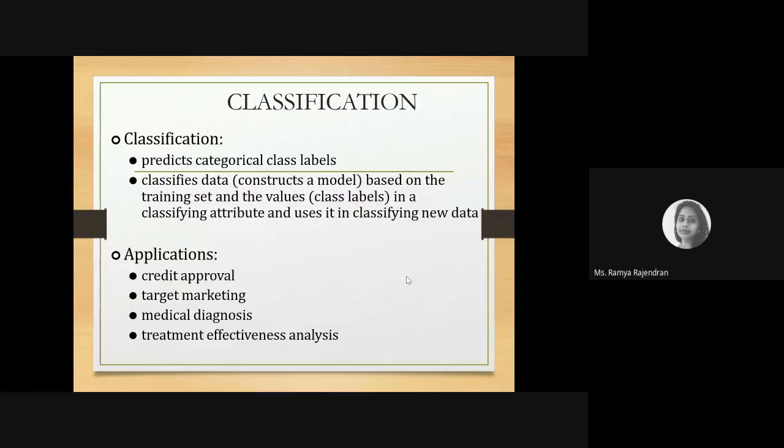This has been used in a lot of areas, like credit approval, whether a person or a company can be provided a loan or not. In marketing, it is used to target the right person for advertising, and in medical diagnosis, whether the person has a certain disease or not.